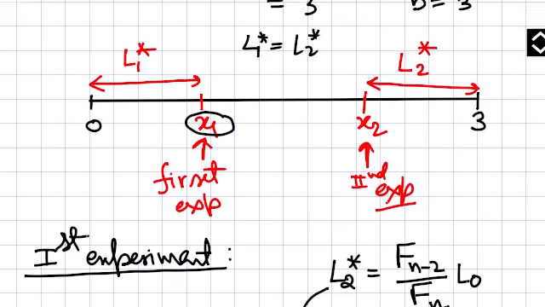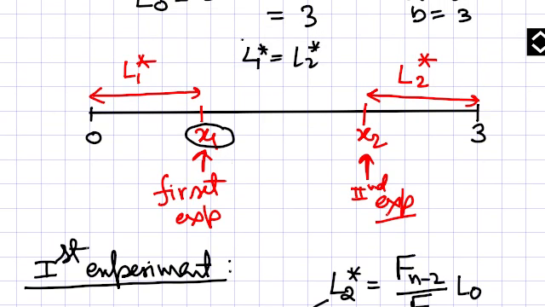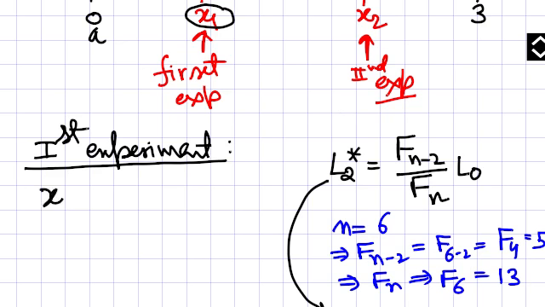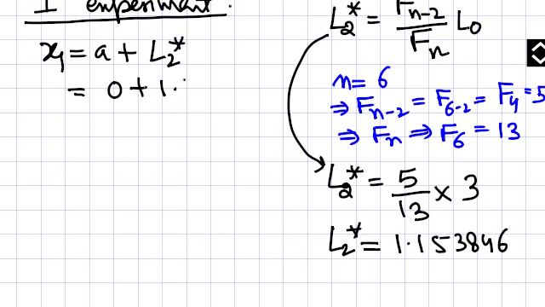Now L1 and L2 are equal, so this is also the same distance. How to find x1? This is a plus L1 or L2. So x1 will be a plus L2, and this will be 0 plus this distance, 1.153846. Very easy to do, so x1 comes to be this.